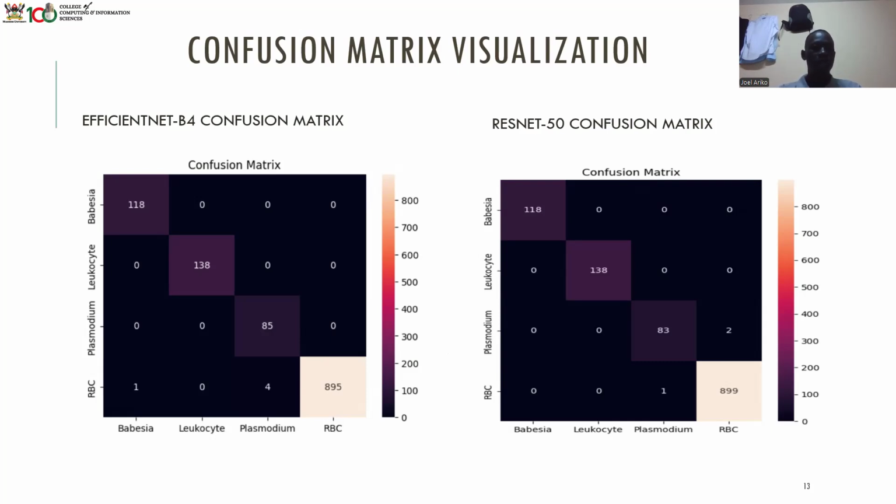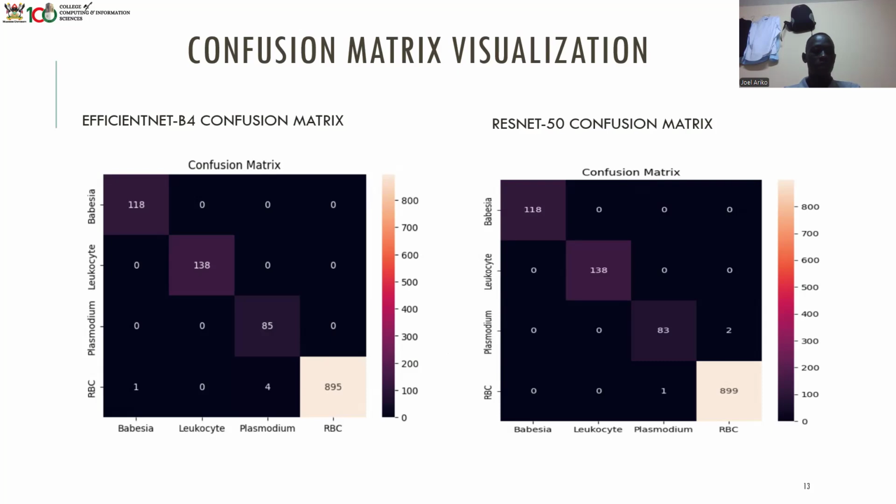So let me start with the EfficientNet B4 confusion matrix. Looking at the diagonal values, most predictions of this confusion matrix lie along the diagonal, meaning the model correctly classified most of the images.